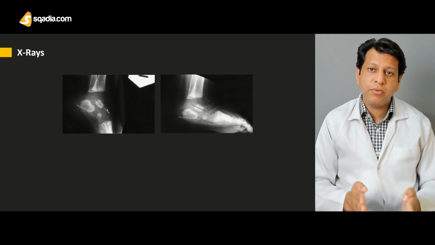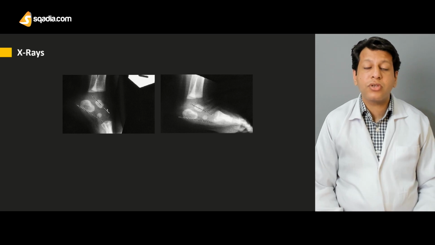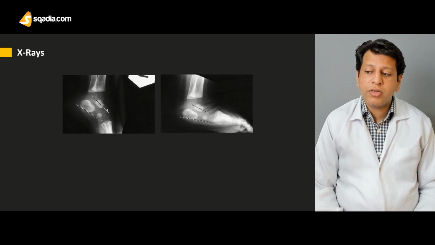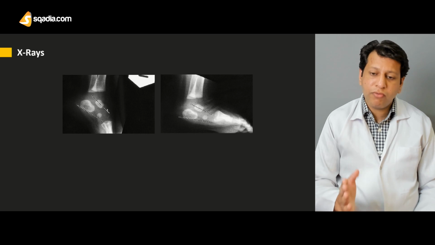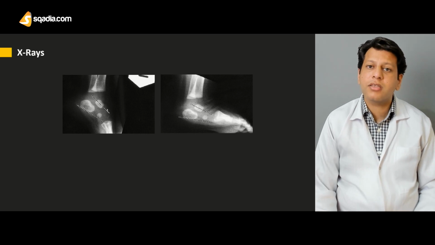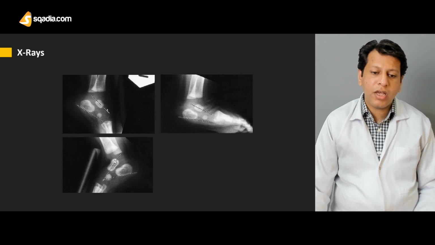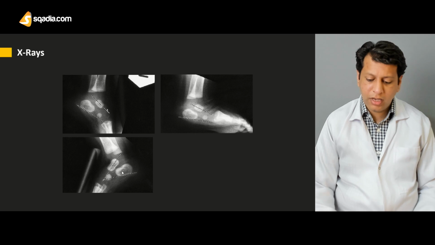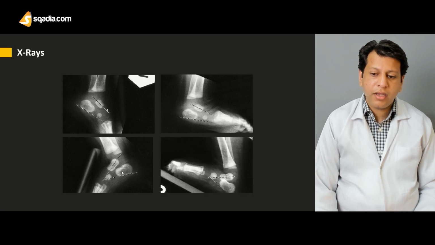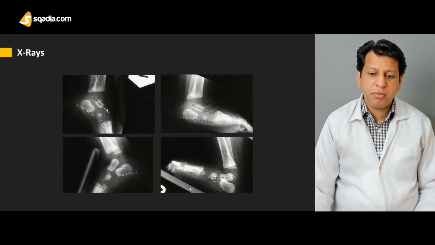Therefore, you have to confirm your diagnosis by calculating the angles on AP and lateral view. Once we calculate the angles on AP and lateral view, we are sure that it is CTEV as compared to CVT. Here you can see the talocalcaneal angle being calculated, and this is another view with maximum dorsiflexion being done to calculate the talocalcaneal angle.